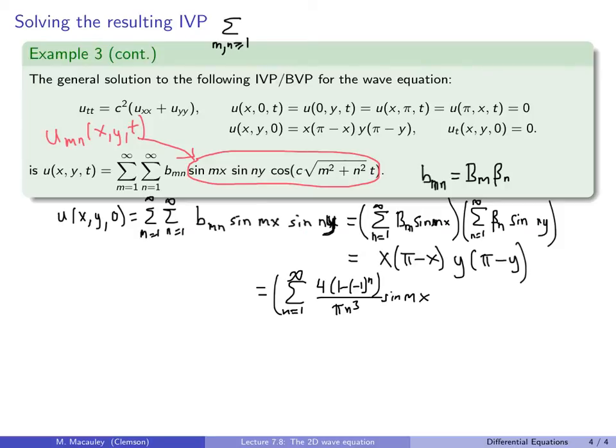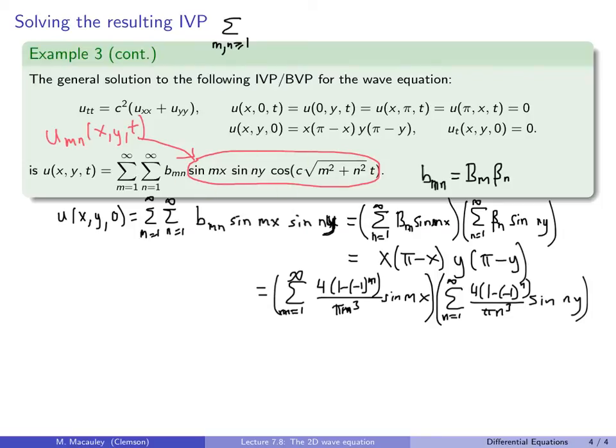I've just been in the habit of calling these n. This is m, and the next one is going to be n. It really doesn't matter what index I call it. The sum from n equals 1 to infinity of 4 times 1 minus negative 1 to the n over pi n cubed times sine of ny. So we started by plugging in 0 into here.